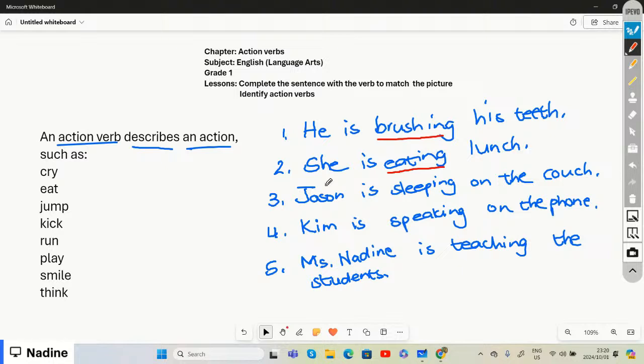And if you look at the third one, it says Jason is sleeping on the couch. So the action verb is sleeping. That is something that Jason is doing. Sleeping.